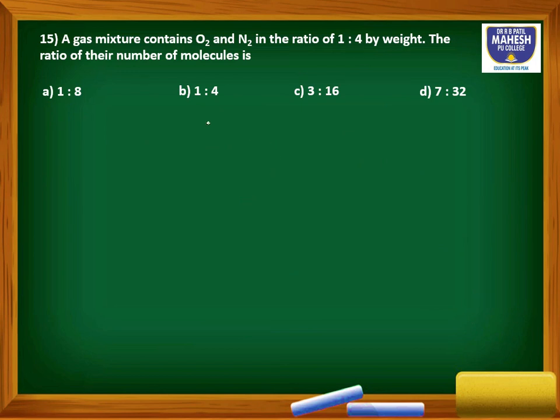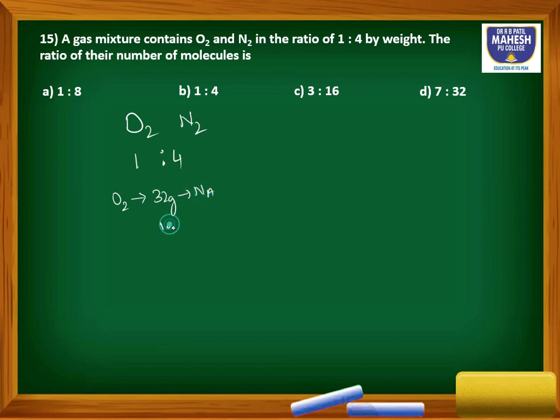Next question, 15. A gas mixture contains oxygen and nitrogen in the ratio of 1:4 by weight. The ratio of their number of molecules is? Now calculate that. Oxygen O2, nitrogen N2 present in the ratio of 1:4. We know that oxygen, that means 16 into 2, 32 gram has Avogadro number of molecules.